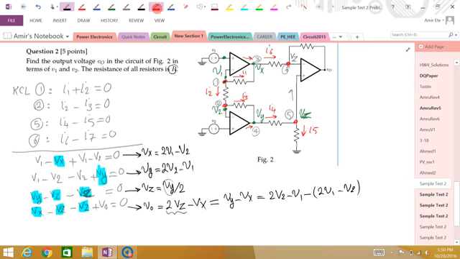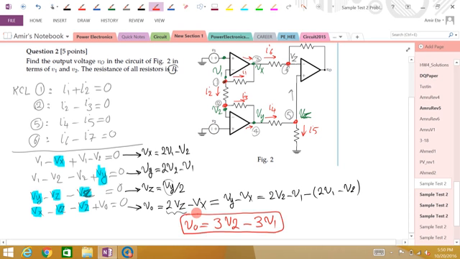So my V0 will be 2V2 minus V1 minus 2V1 plus V2, which gives 3V2 minus 3V1. So the expression for the output voltage in terms of V1 and V2 is 3V2 minus 3V1, and barring any mistakes here, that would be the solution to this problem.